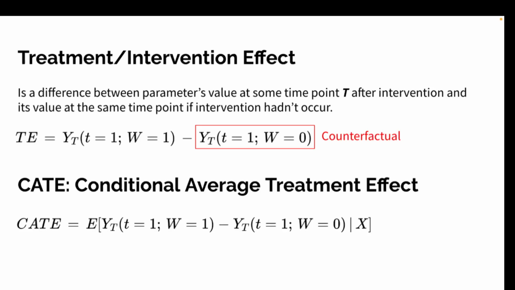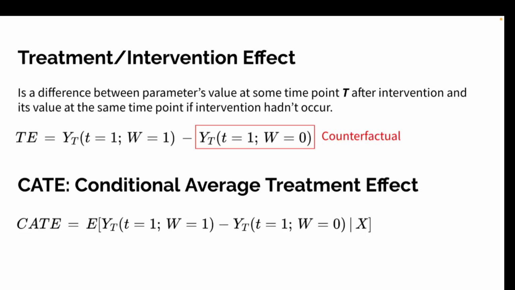If I run this marketing campaign again, I might need to know how much effect it generates, let's say, for a younger customer base versus older customers. Let's say X is age, or it could be demography, like location.